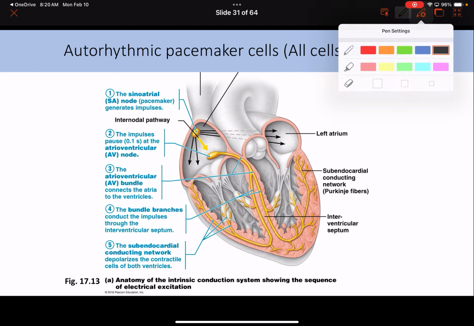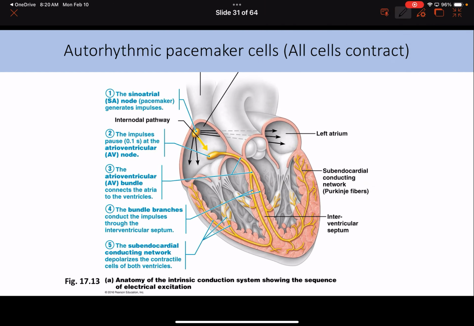And for those of you who are not following along with your notes right now, we have contractile, and I'm going to put CMC for cardiac muscle cells because I'm running out of room. And then we have pacemaker cells, and these are non-contractile.